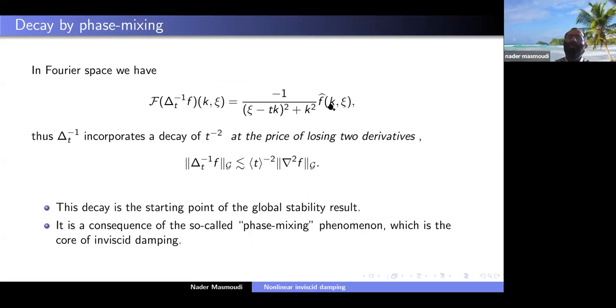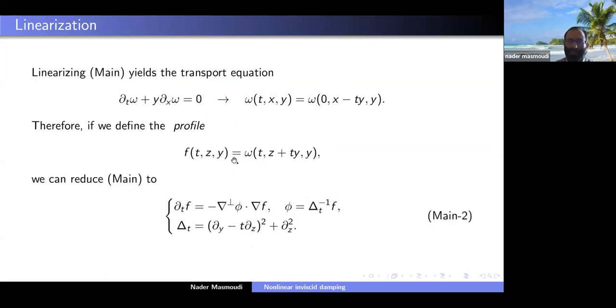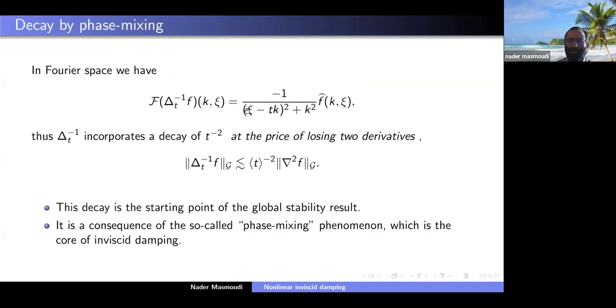So at the linear level, my f is independent of time. And then if I apply Laplacian_t minus 1 to f, where phi is the potential, you take the initial data, you multiply by this, and when t goes to infinity, you get 1 over t squared decay, right? And this is really the starting point of this global stability. It's really what is behind the global stability.